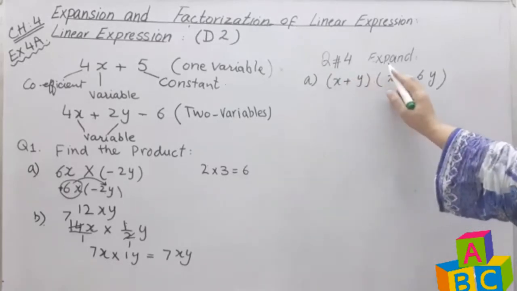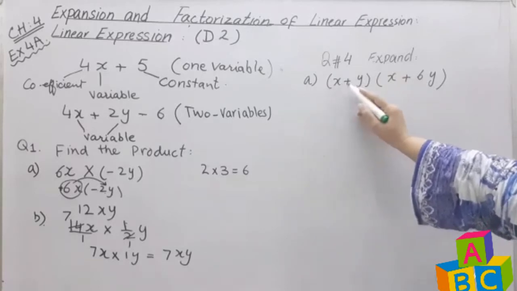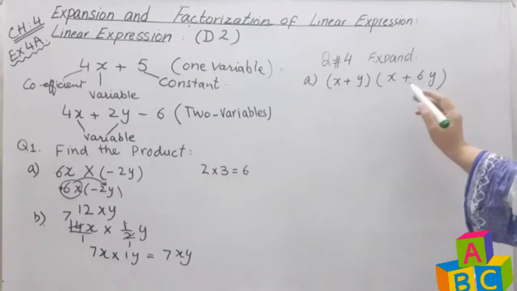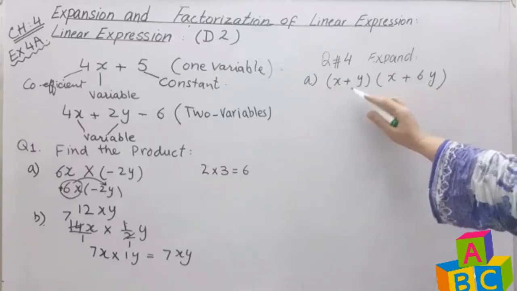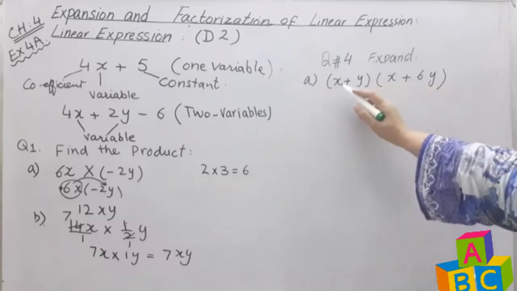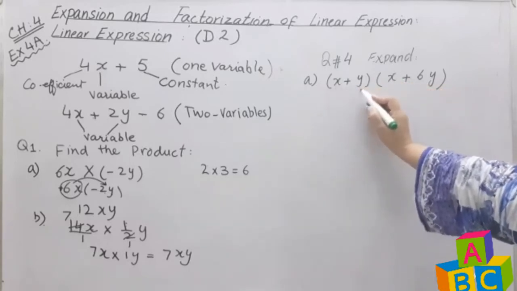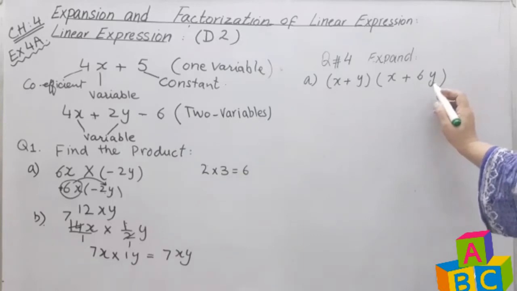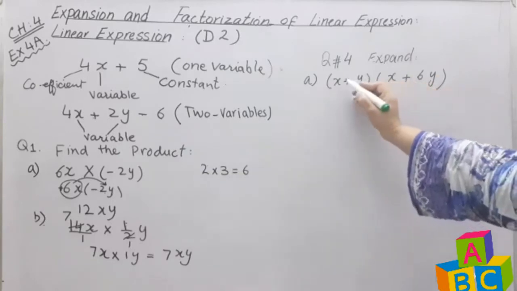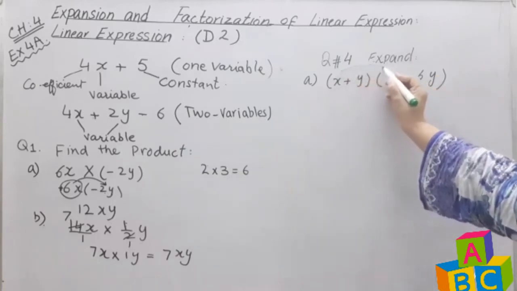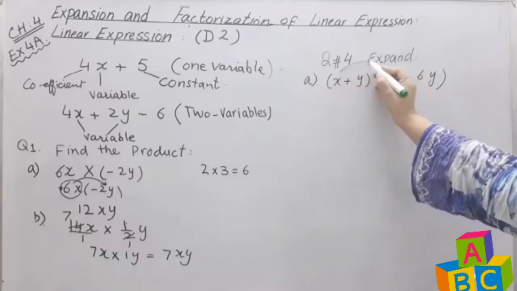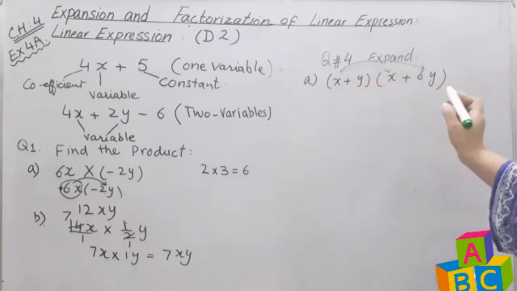Question number 4, expand. A part is x plus y times x plus 6y. Here are two variables and two expressions. This is one linear expression and this is the second linear expression. Now we multiply this x first with this, and then with this.